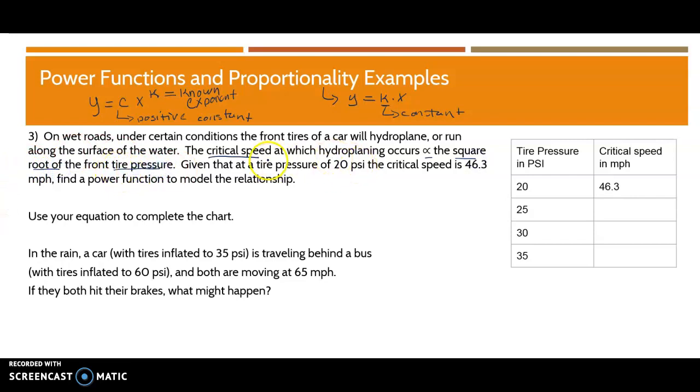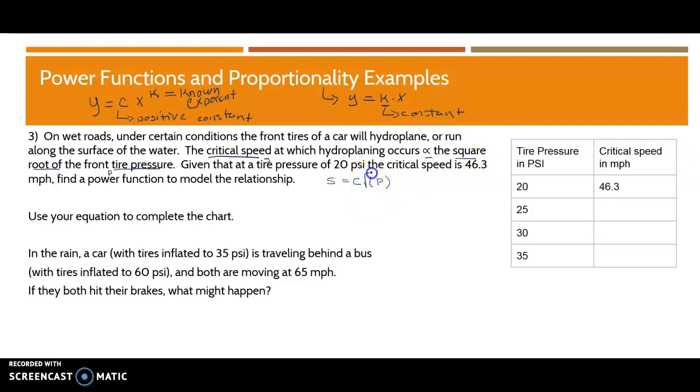So I'm going to use S for critical speed, and I'm going to use P for pressure. Speed came first, so I'm going to start writing my equation with speed is equal to some constant times, I'm going to use my parentheses there, the pressure. And I have my power in this square root word. So there are two ways that I can do that.